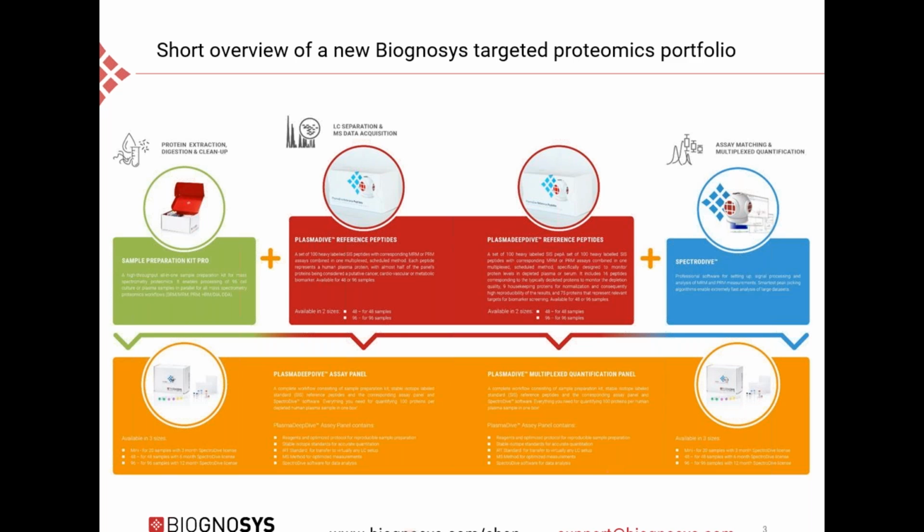The user now has the option to order the sample preparation kit directly from our shop. He or she can also order the PlasmaDive and Plasma Deep Dive reference peptides, and the software SpectroDive is available as it was before. The integrated PlasmaDive and Plasma Deep Dive assay panels also remain in our shop and can be bought as an integrated workflow, much as before.